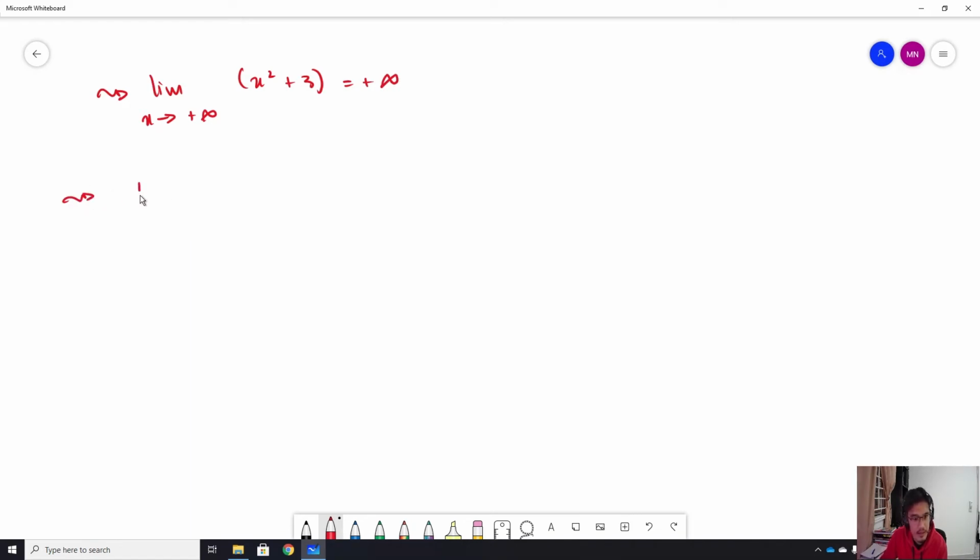Example yang lain, limit x approaching negative infinity of 1 minus 5 over x. So ini bila kita masukkan negative infinity kat bawah ni, so macam 1 minus 5 over negative infinity. So 5 over negative infinity is equal to 0. So dia akan dapat jawapan 1 plus 0 equal to 1.